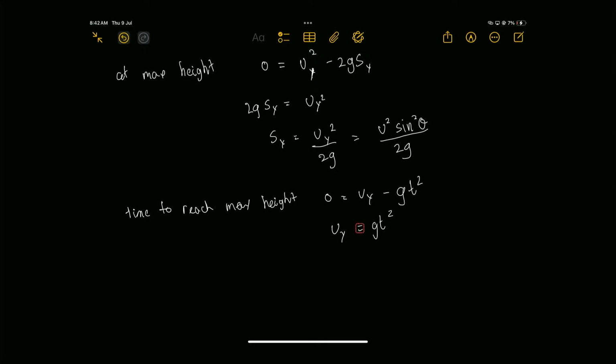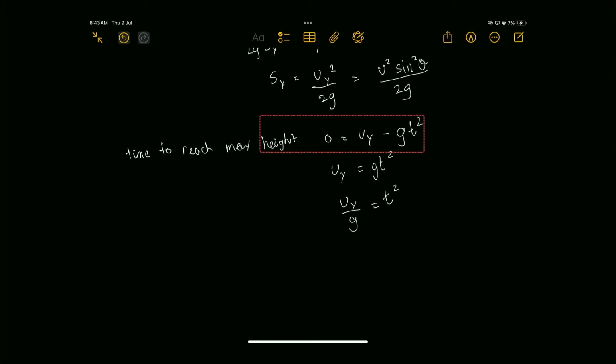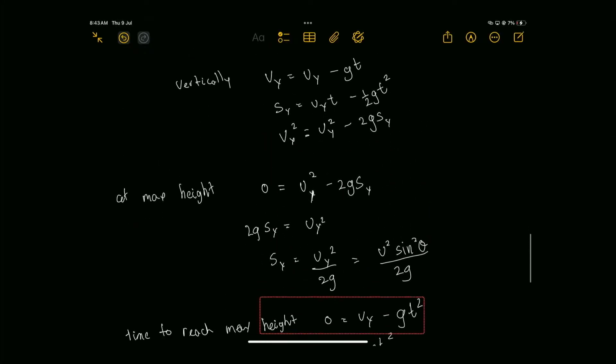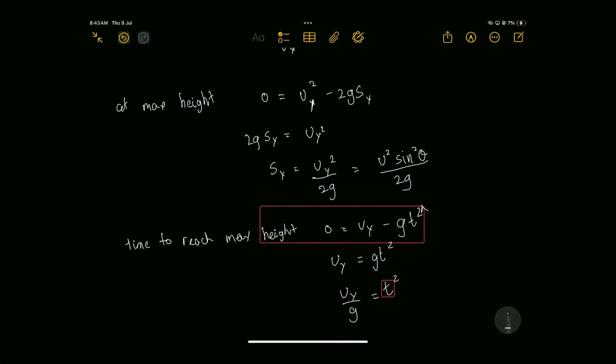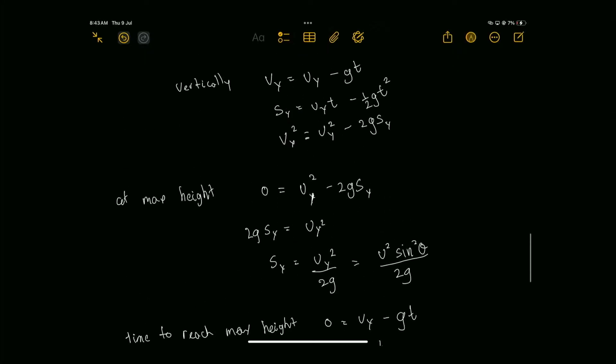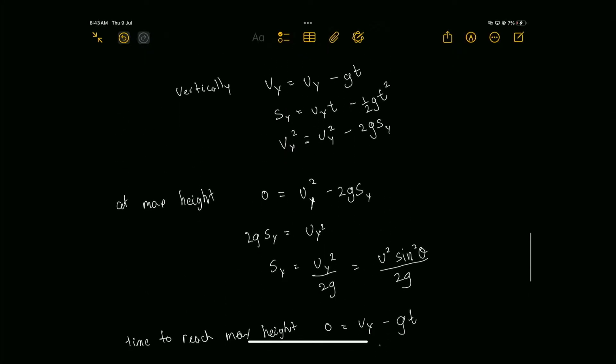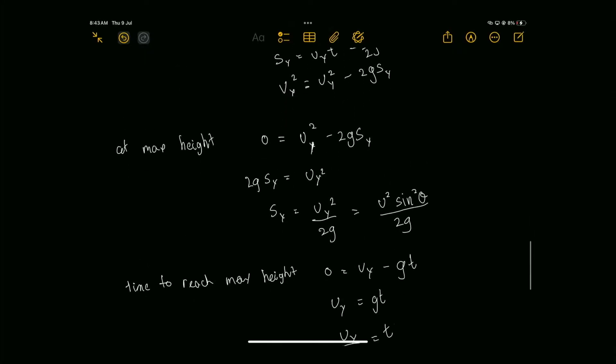Therefore, Uy over g is equal to t. Sorry, I don't know why I wrote a square. There's no square in this first equation. Vy is equal to Uy minus gt.